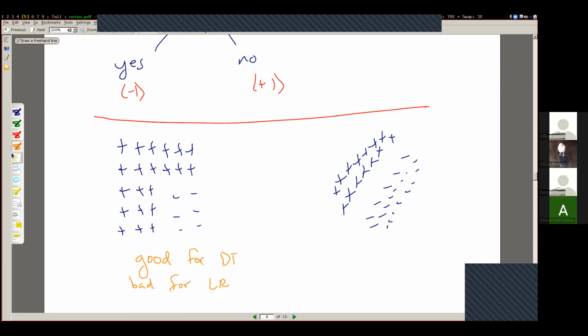A decision tree, at least as implemented in scikit-learn and in the vast majority of situations, is not able to take advantage of two different dimensions at the same time. So a decision tree, in order to implement this, would have to be a jagged line like this. It would be a relatively deep, complicated tree, and so that's bad for the decision tree.